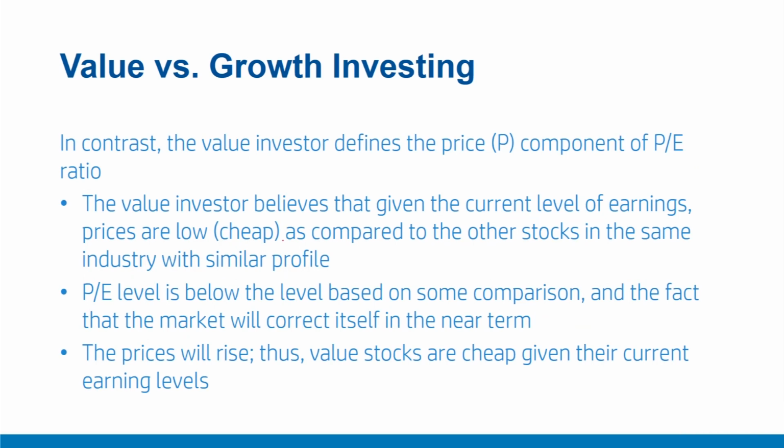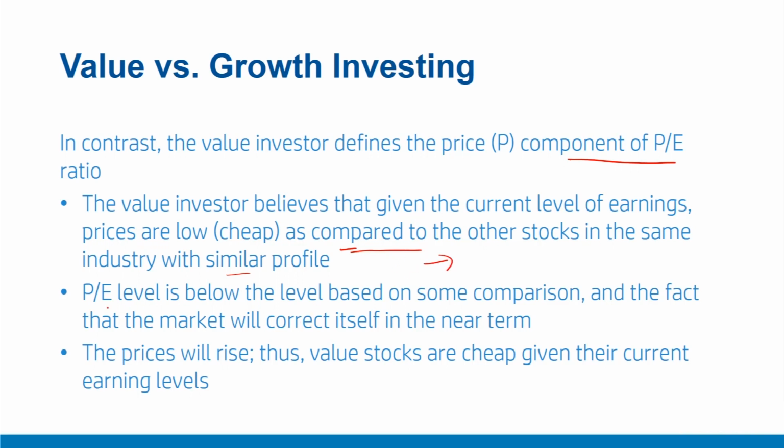In contrast to these growth stocks, a value style investor relies on the price component of the P/E ratio. A value investor believes that at the current level of earnings, prices are cheap or low and therefore some kind of correction is pending. As compared to peers or stocks in the same industry with similar risk profile, these stocks are supposed to be cheaper or depressed in terms of their current prices.